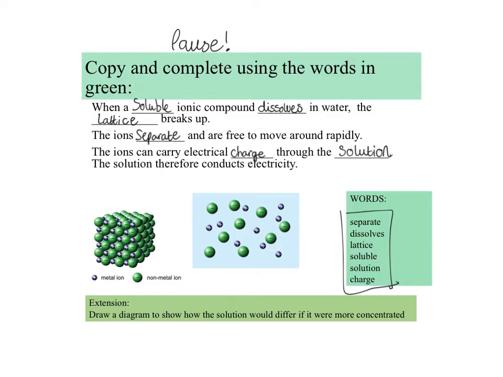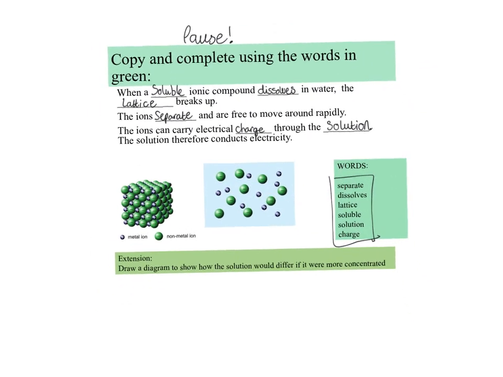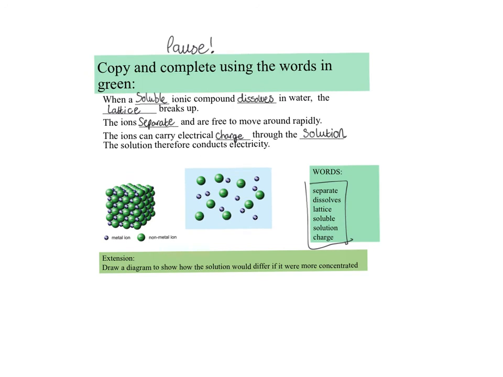Okay, so what you need to take away from this, and the really important thing to take away from this, okay, is you have these giant ionic lattices where you've got ionic bonds repeating over and over again. When they are in their solid form, they cannot move. The ions cannot move.